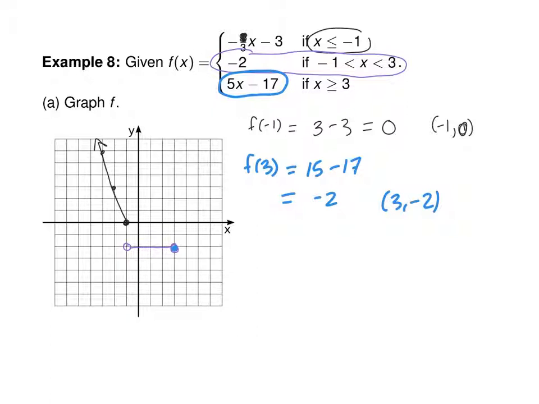So up 5, 1, 2, 3, 4, 5, over 1. Awesome. Okay.